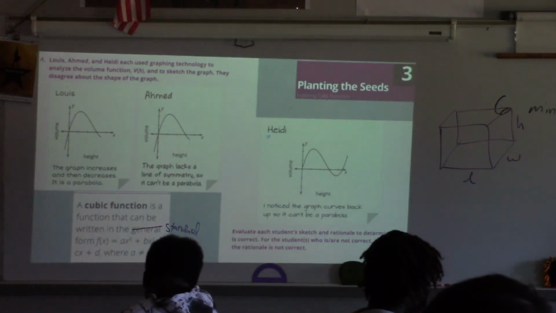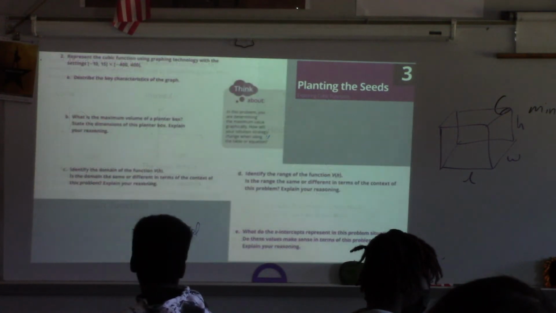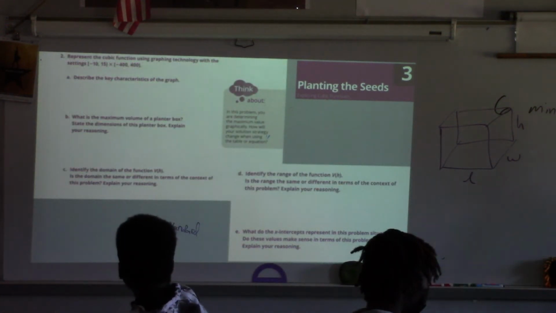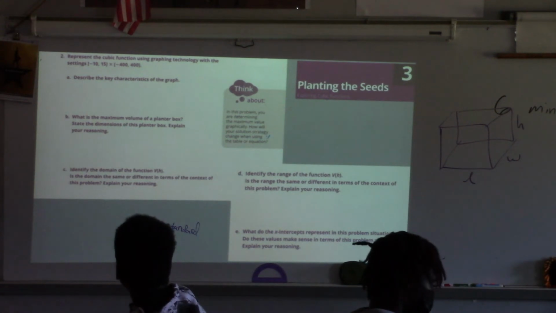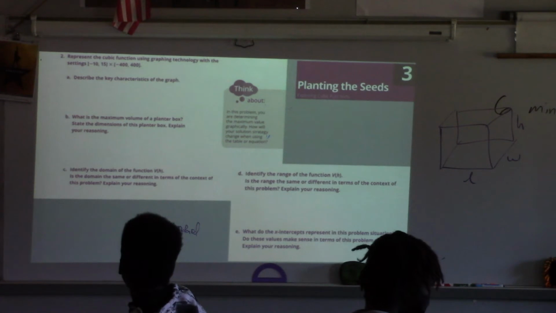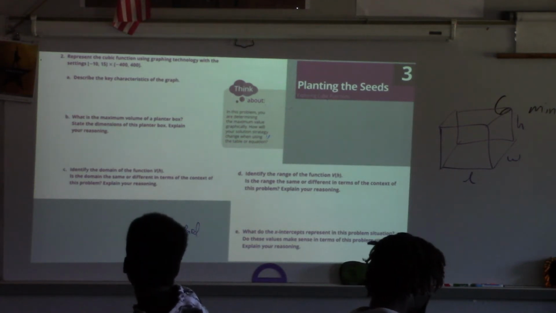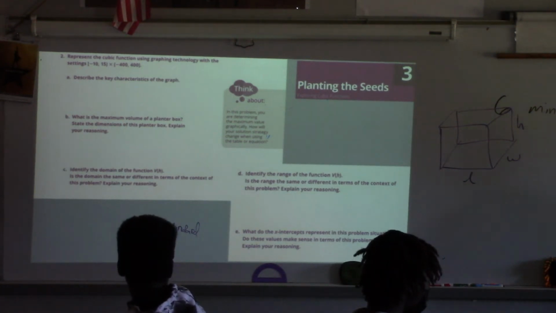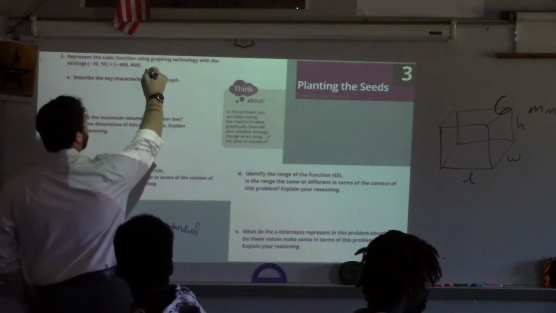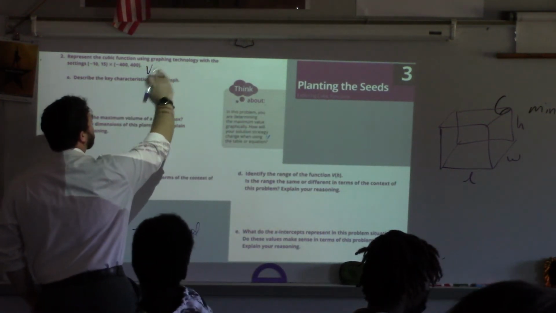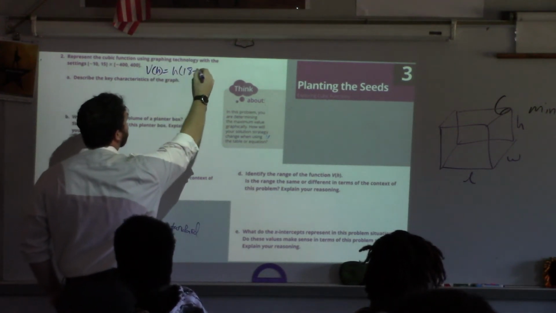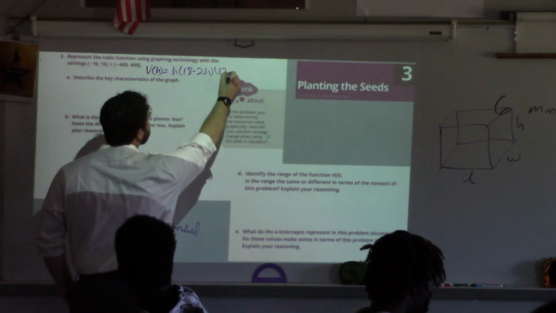So we want to pay attention to those kinds of details, but this is where we're mostly going to focus for a second. When we start talking about these polynomial functions, what we are focusing on for the rest of this week is analyzing a cubic function. Within your small groups, we have this equation that we developed earlier: V of h equals h times 18 minus 2h times 12 minus 2h.